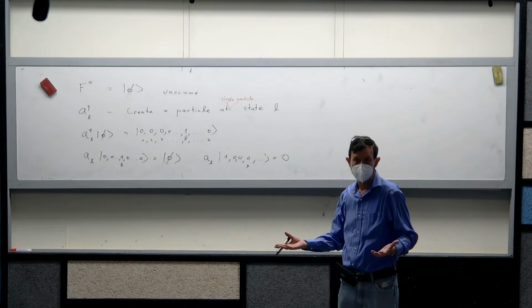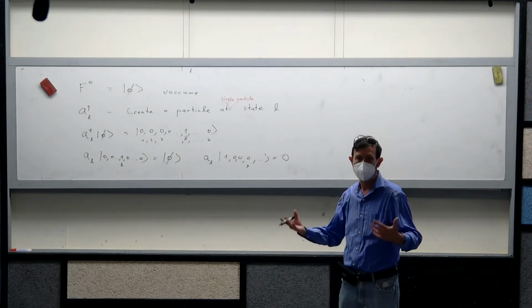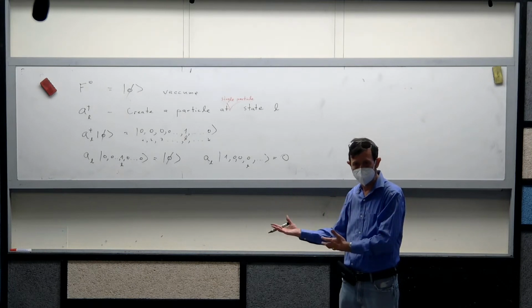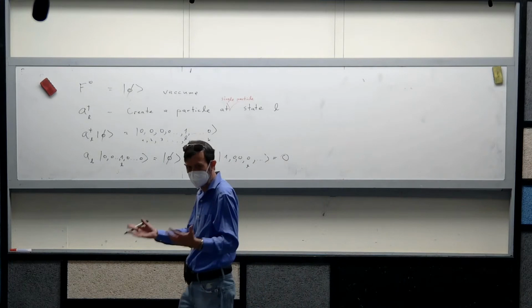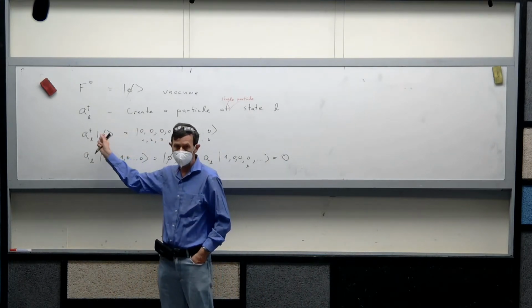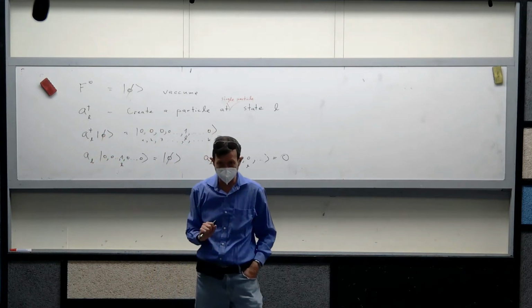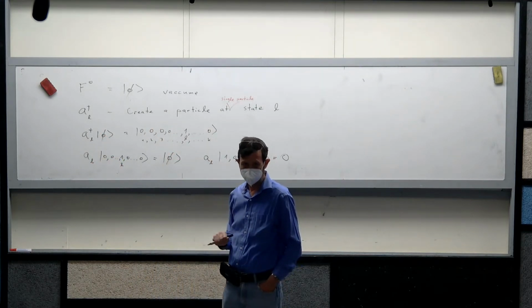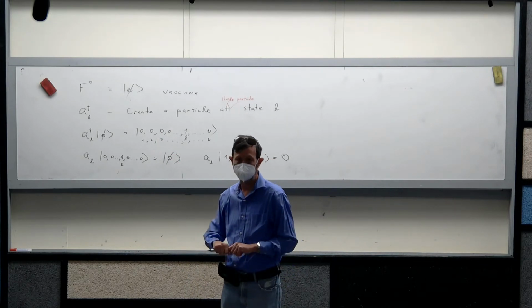Let's say, how do I get an answer on how many particles I have in a state, or what the energy of that state is, or what the momentum of the state is? All of this comes from translating the single-particle definitions into this language. Okay, and that we'll do in the next lecture.